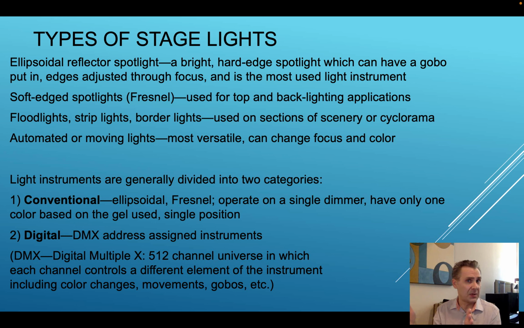So, do you see what I'm saying? So each digital instrument is designed to have a certain number of channels, with each channel doing something specifically. Think of it this way, okay?